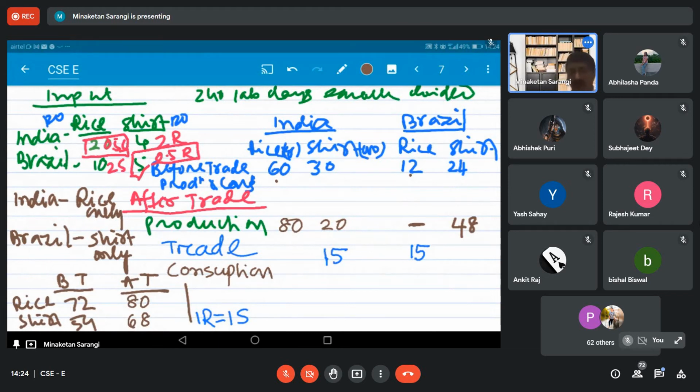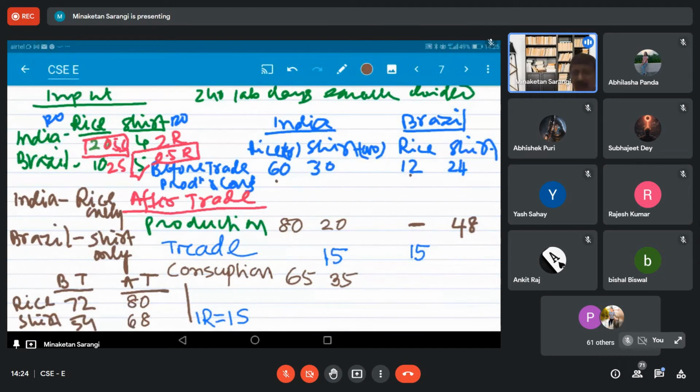So total rice available for consumption in India 80 minus 15. So this will be 65. Total sack consumed in India, 20 sacks produced by India and 15 sacks imported. So total will be 35.